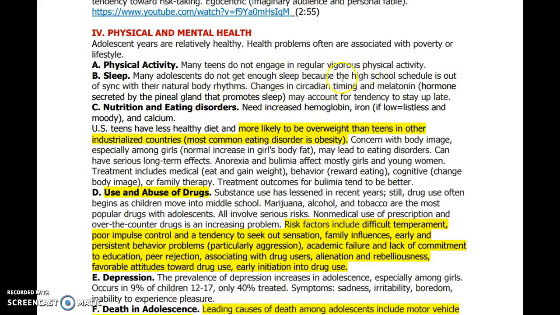These changes will make them feel tired later on, so they tend to stay up later, which can cause some fights with parents if they don't understand that these changes, not getting tired until later on, are actually normal and natural.